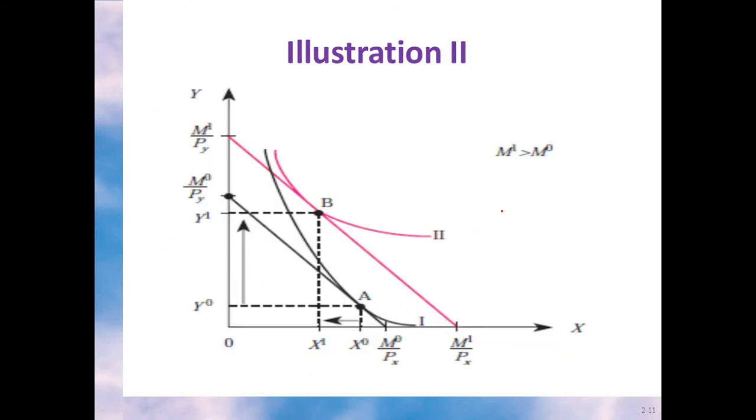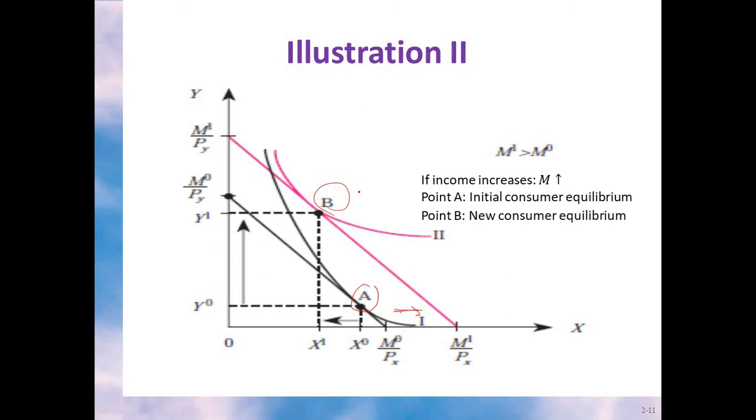We look at the second illustration, in which the same thing happens. Our income increases, so the budget line shifts to the right, but the difference is that this one is the initial and this one is the new consumer equilibrium. Income increases, and B is the new consumer equilibrium.